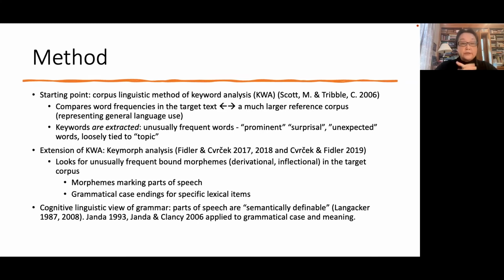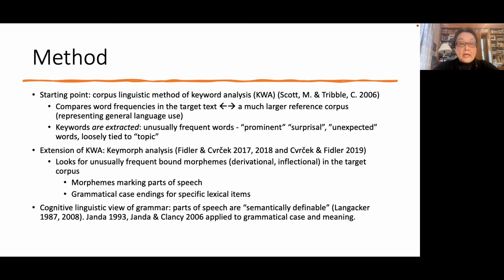So what does keyword analysis do? It compares word frequencies in the target text, which is the text that you want to analyze, against the background of a much larger reference corpus. Usually a reference corpus of this type represents general language use. I will talk about the data a little later.